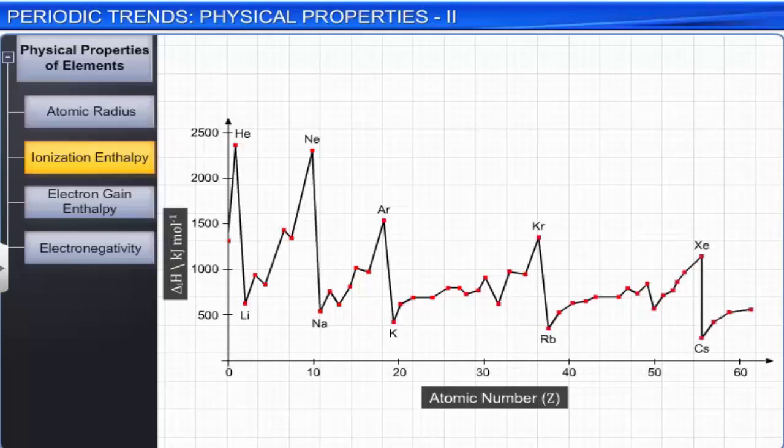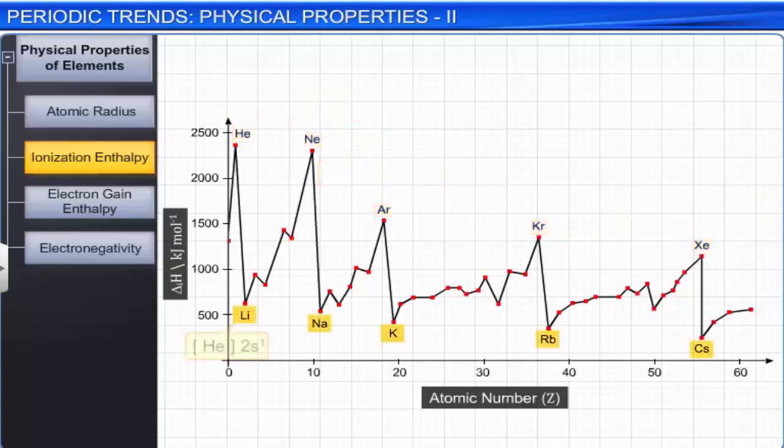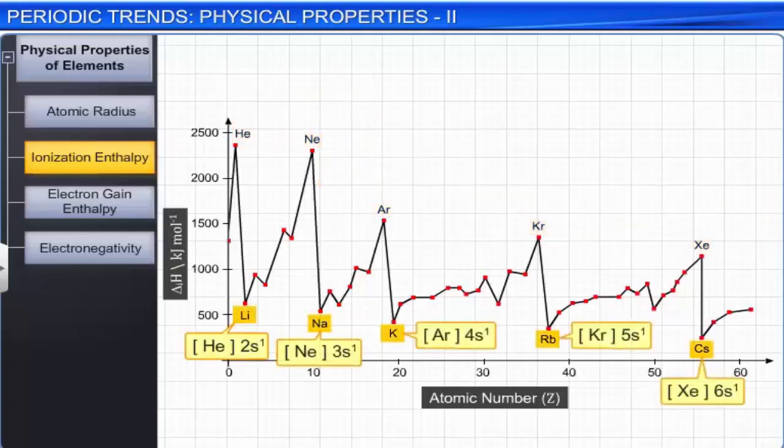As you can see from the graph, noble gases with stable ns2 np6 configuration have the maximum first ionization enthalpies and hence are chemically inert. The alkali metals with one electron in their valence shell, on the other hand, have the lowest first ionization enthalpies and hence are highly reactive.